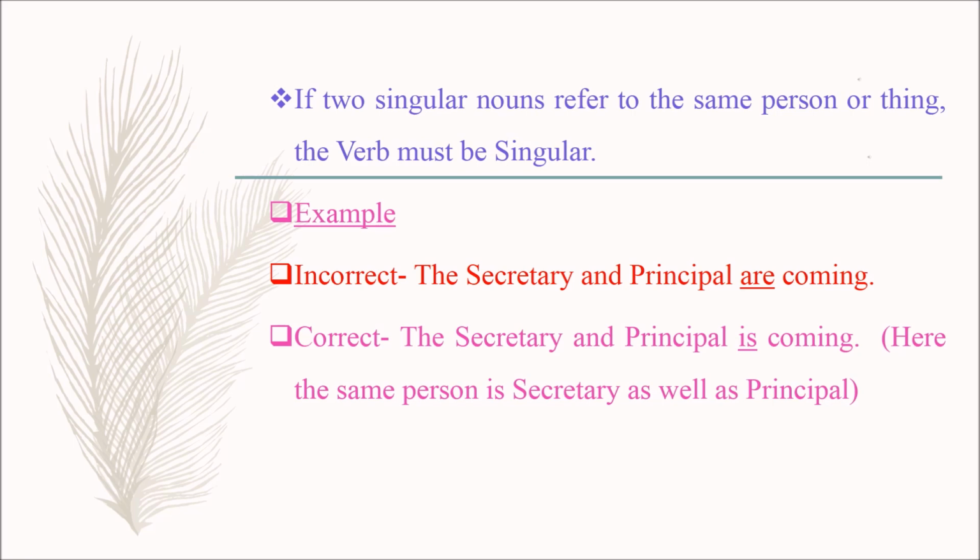No. The correct sentence is the secretary and principal is coming. Why? Because here the same person is secretary as well as principal. Here the secretary and principal are two singular nouns refer to the same person. So the verb must be singular, that is is. So the correct sentence is the secretary and principal is coming.